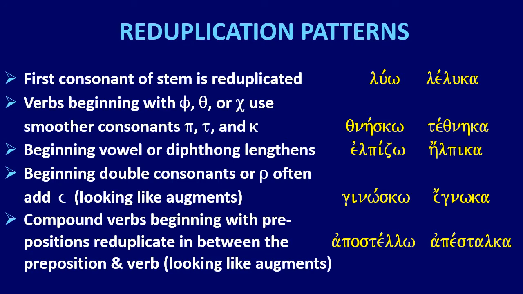You put it together, and when it's a compound like that, there'll be, again, an augment, or something that looks like an augment that's actually not. In this case, apestalka. So it changes. But again, you can notice that it is a perfect tense when you see the kappa in the middle of the word.